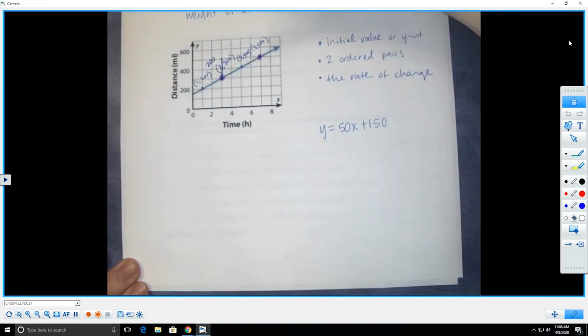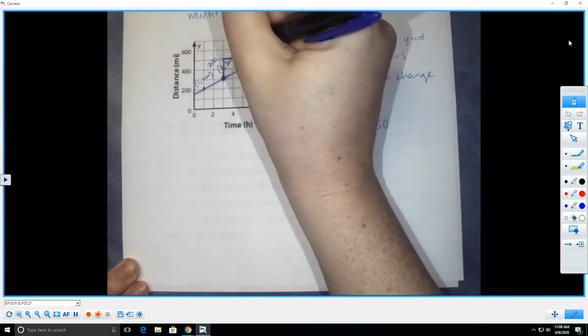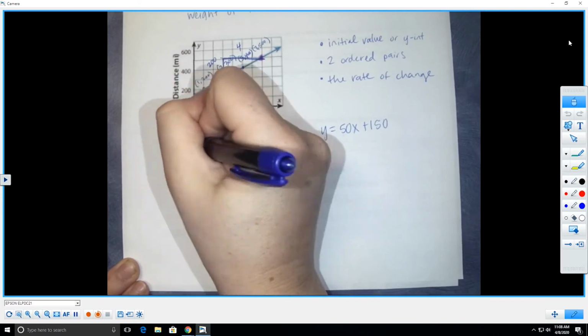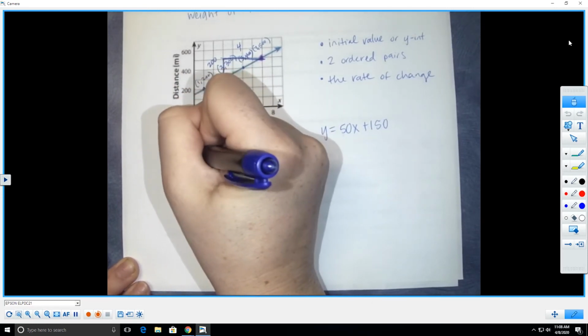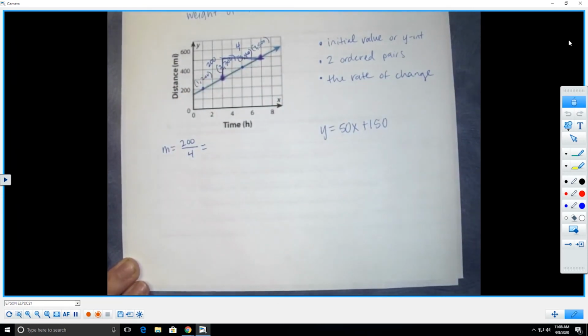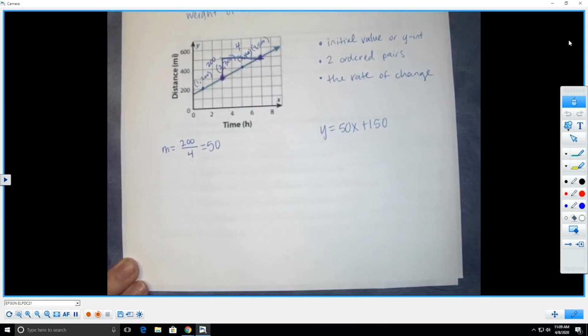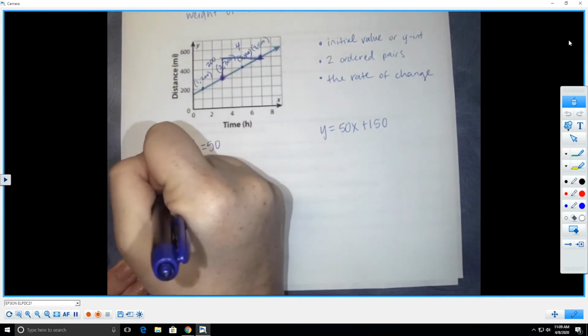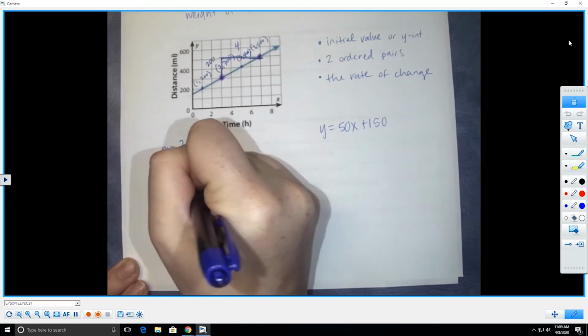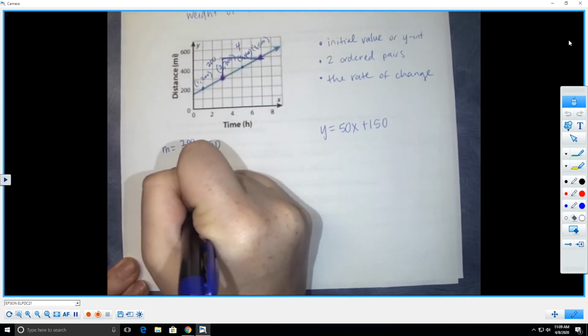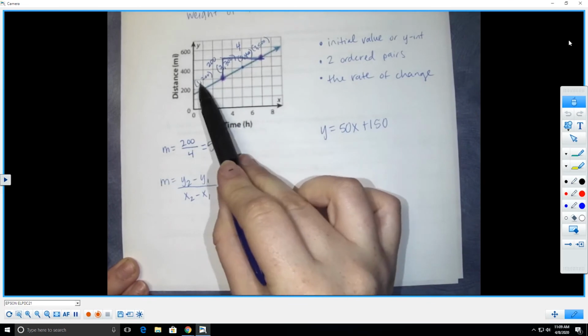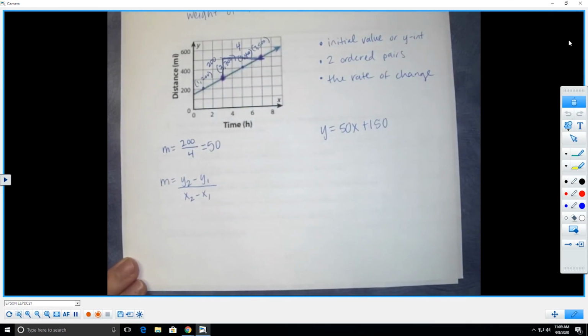And I run from 3 to 7, which would be 4. So my rise is 200 and my run is 4, and that simplifies to 50. Now remember, you could have also used our formula y2 minus y1 over x2 minus x1 with any of these points that we identified.